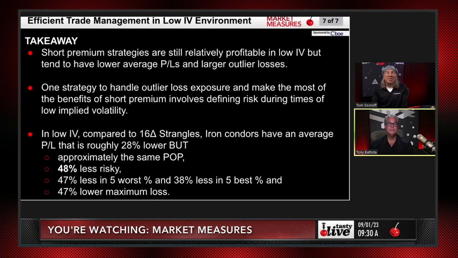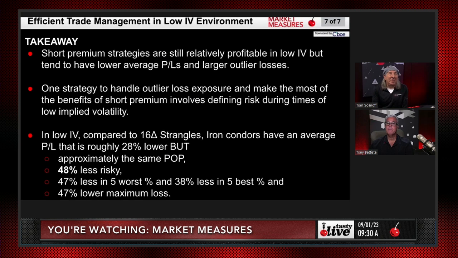Short premium strategies are still relatively profitable in low IV, but they tend to have lower average P&Ls and larger outlier losses. One strategy to handle outlier loss exposure and get the most benefit from short premium trades during times of low implied volatility: in low IV, compared to 16 delta strangles, iron condors have an average P&L that is roughly 28% lower.